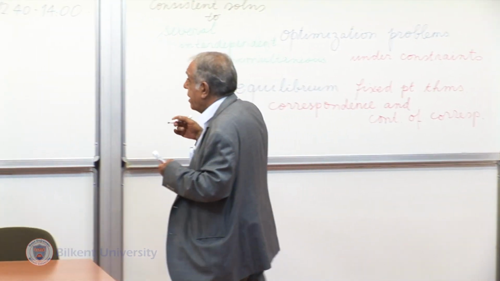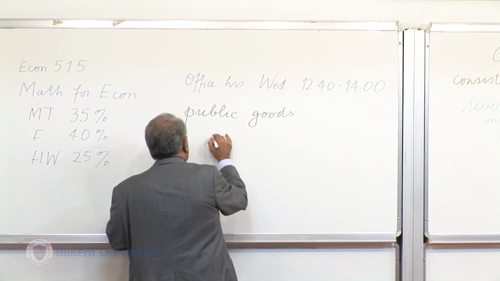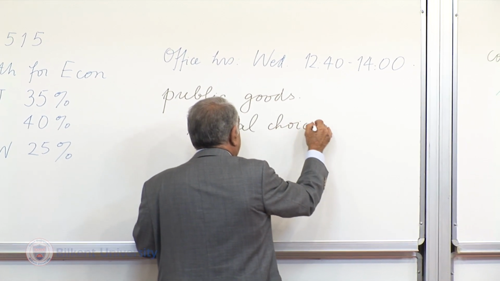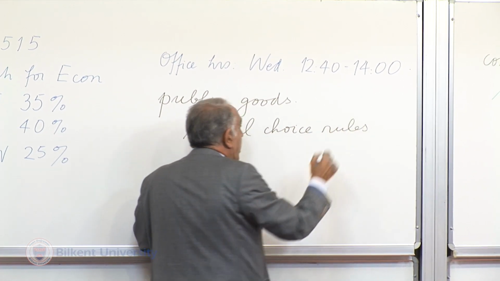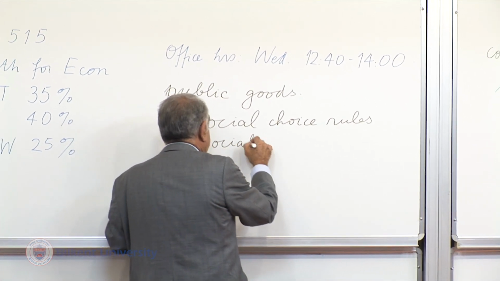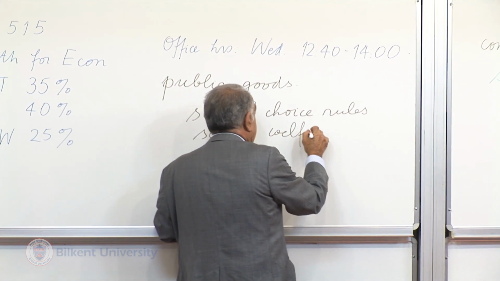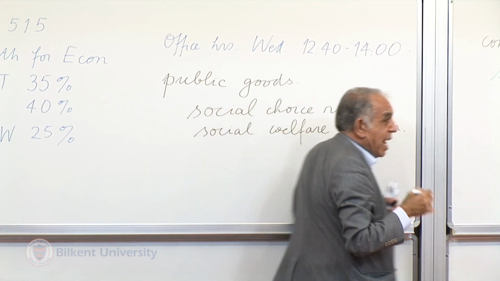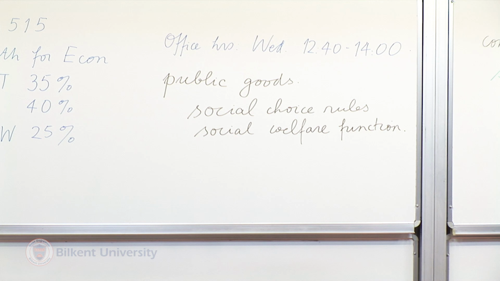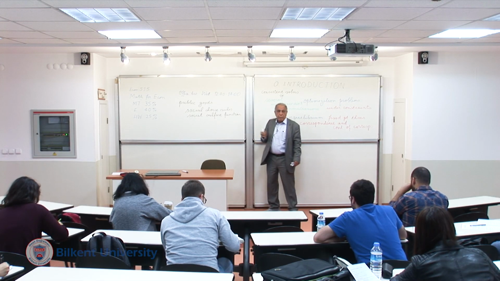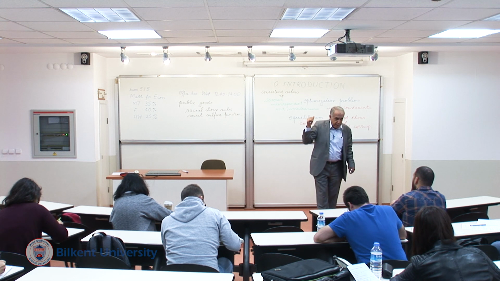So that leads us to the notion of social choice rules, or social welfare functions, which act as aggregators of individual preferences into either a social preference, in the latter case, or into a social choice, in the former case.